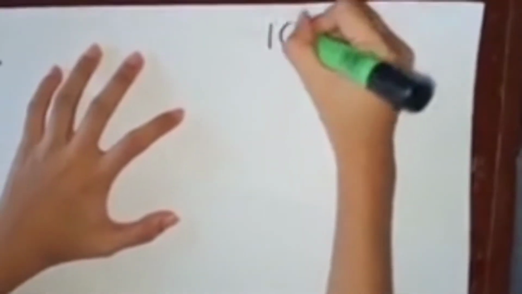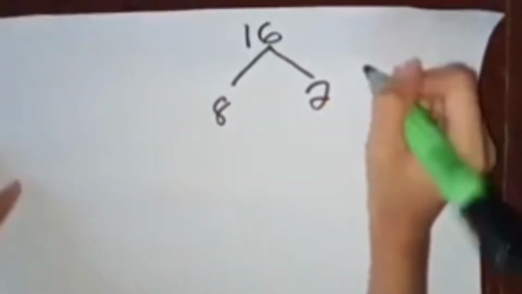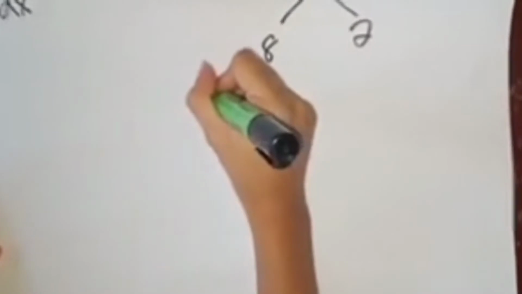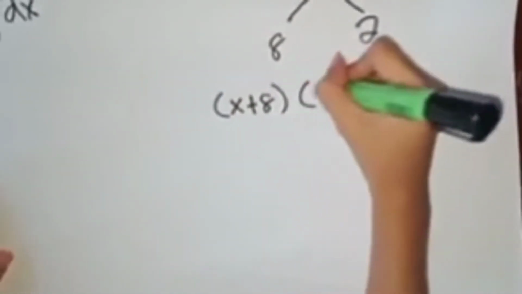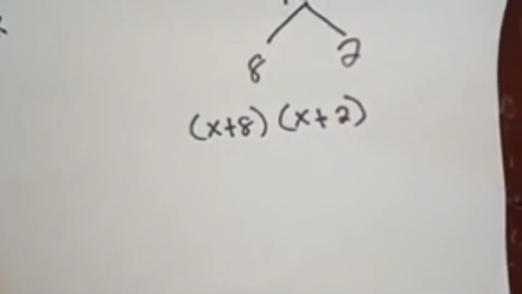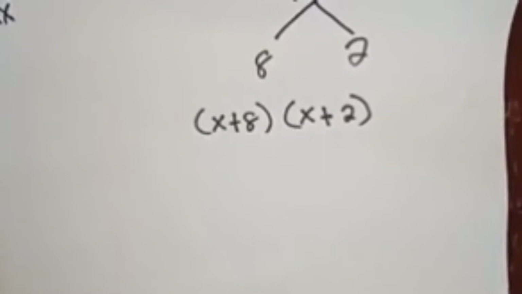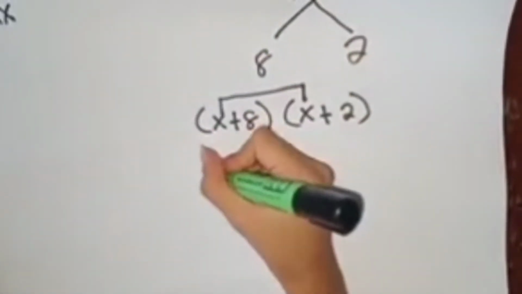So these two numbers are 8 and 2. Now, let's check if it will return to its original equation. Now we have (x plus 8) and (x plus 2). We will apply the FOIL method. First, x times x is equal to x squared.